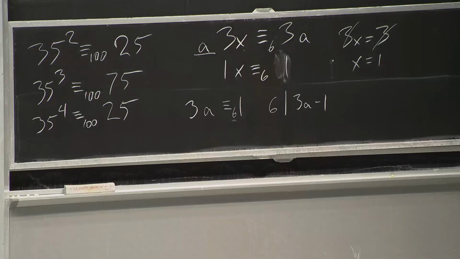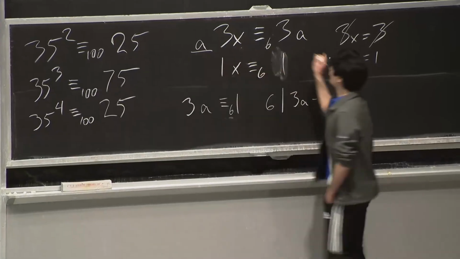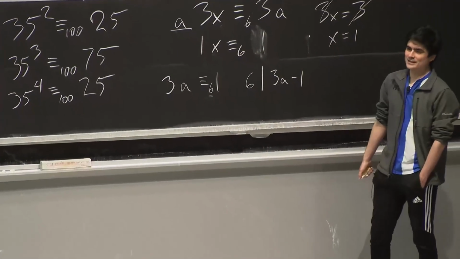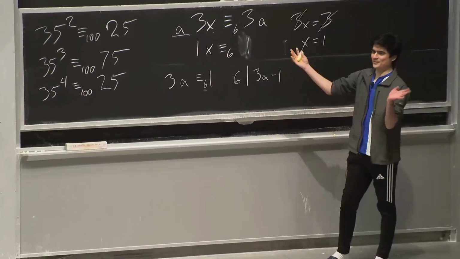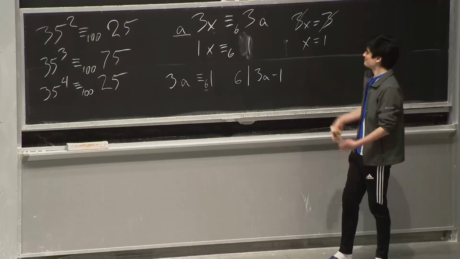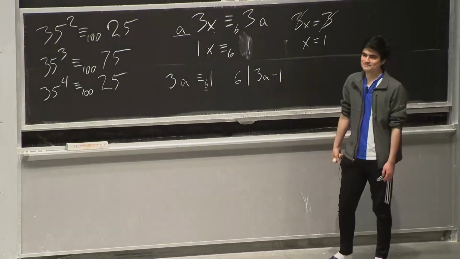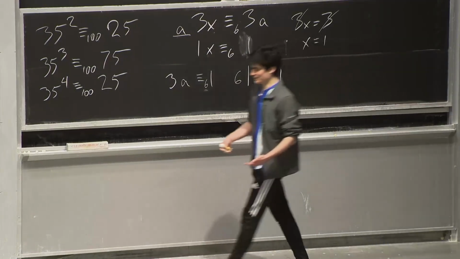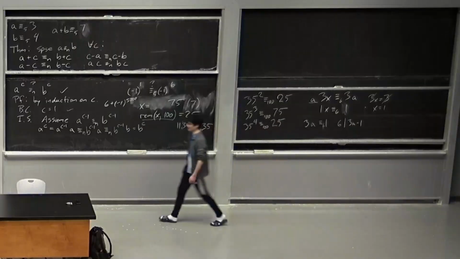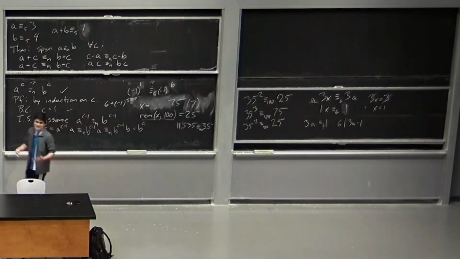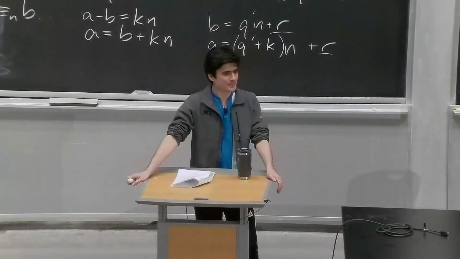But I suppose you could say 6 divides 3x minus 3a, and so you could factor out a 3 and say that x is at least odd. And in fact, that does characterize the solutions to the original problem. It may or may not be what you're actually looking for.